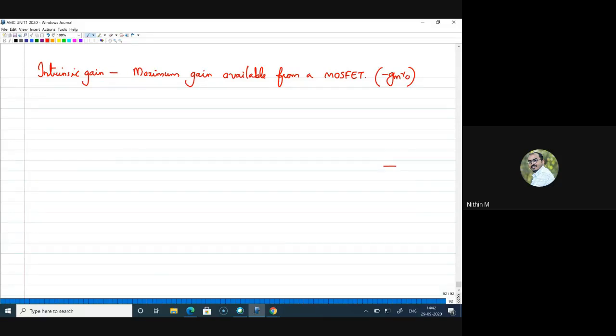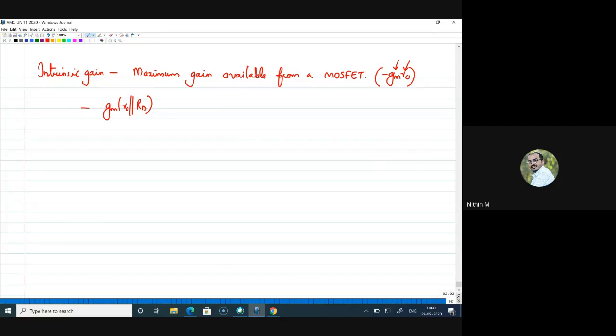Now, whatever output resistance you connect, the gain will be lesser than gm r0, because we have seen that if you keep RD as a drain resistance, your gain will be gm into r0 parallel RD, which is lesser than gm r0, isn't it? So that is why we call this the maximum gain available from a MOSFET, and it is often called intrinsic gain, because the components of the gain, gm and r0, are both within the MOSFET itself. It is not the effect of any additional components over there.